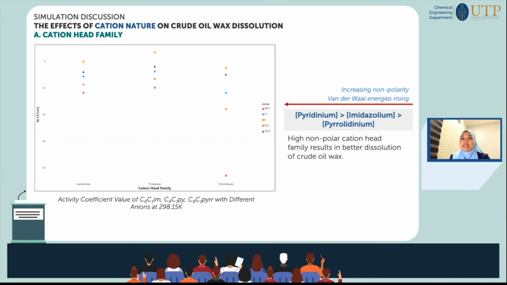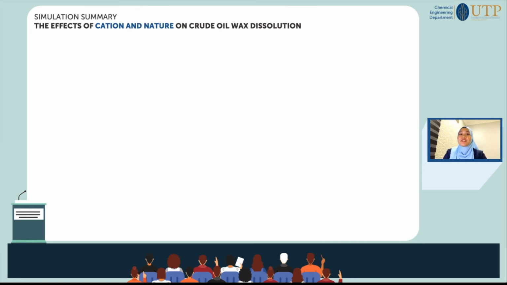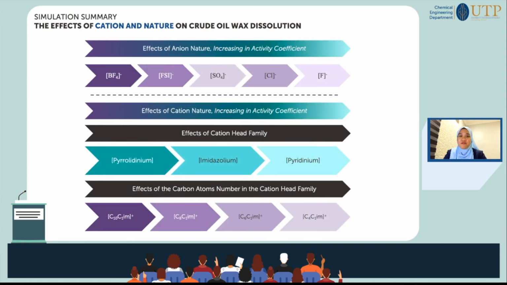And the trend is the same as that of anion nature, because a highly nonpolar cation head family results in better dissolution of crude oil wax, as the crude oil wax is a nonpolar molecule. The summary of simulation findings can be found in this figure, where I have summarized the effects of anion and cation nature on crude oil wax dissolution according to COSMO-RS simulation.